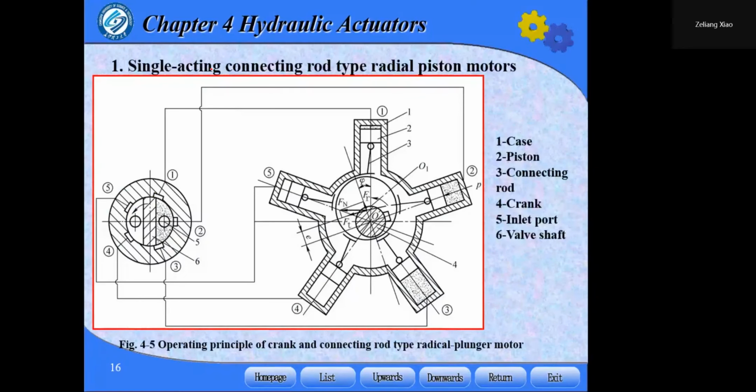So this is a single acting connecting rod type radial piston motor. Let me have a look at the components. One is the case, and two is the piston. Three is the connecting rod.